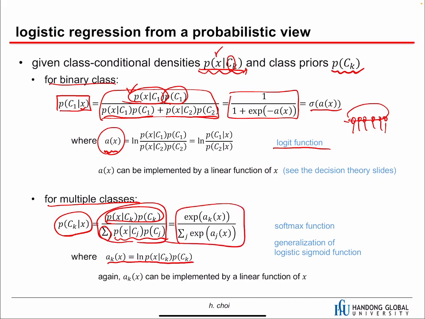This one is a softmax. So when we use a softmax, this softmax is actually corresponding to this probability when we assume this. And this equation can be approximated or implemented by a linear function of x or a neural network with many layers. Okay.